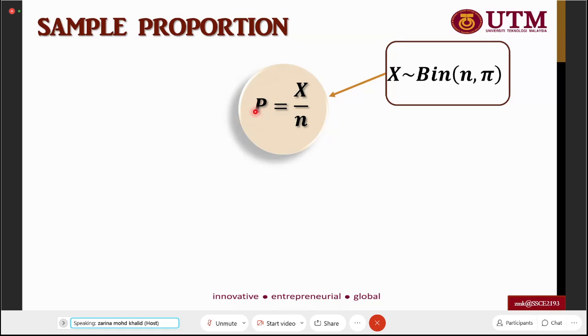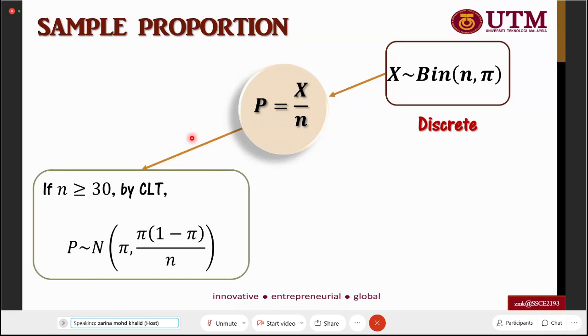So what happens when the number of trials or the sample size is large? Then, from the discrete random variable x here, P can be approximately normal by the central limit theorem.